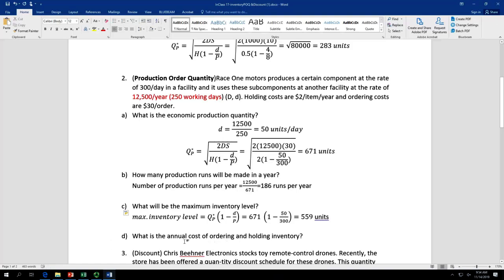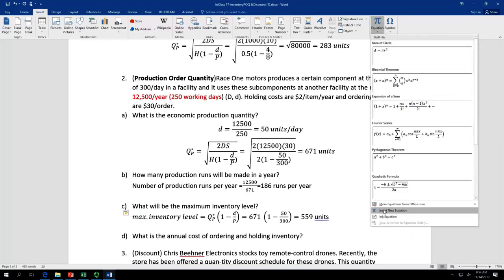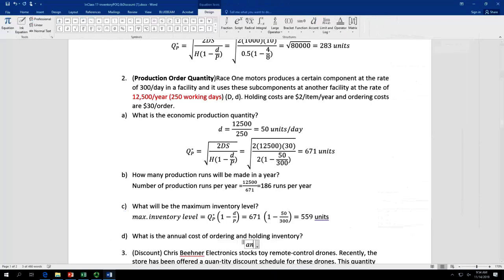Okay, and then the next one is similar. What is the annual cost of ordering and holding inventory? This one is the annual cost of inventory. So I would include the holding cost plus the setup cost. I included the two components. And for the holding cost, it is per unit per year.